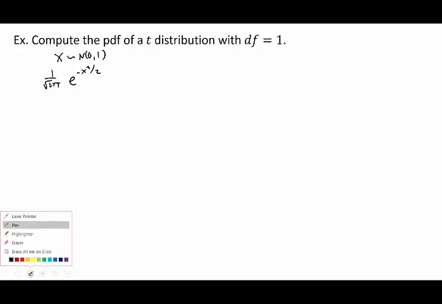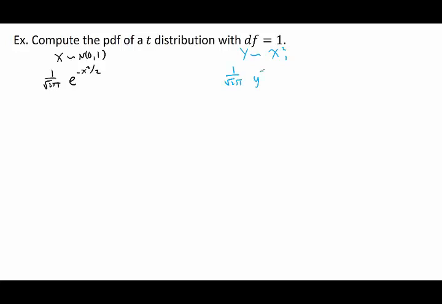And in the denominator, our chi-squared distribution with 1 degree of freedom, which has density function derived in video 1, 1 over square root of 2 pi, y to the negative 1/2, e to the negative y over 2. I encourage you to go back and check out your work from that video to make sure you know where that came from.